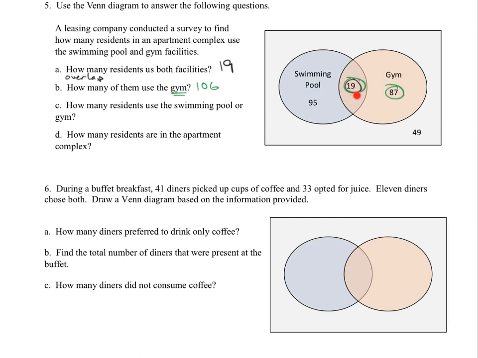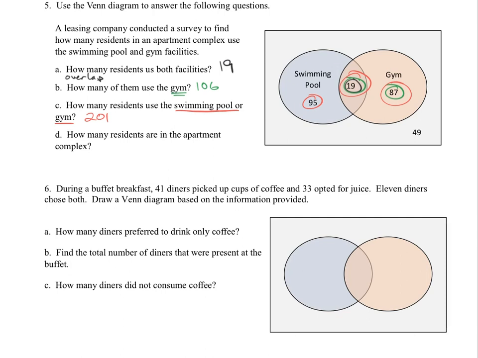This is an inclusive or. So we would add all of these together and get 201. Let me see. 1, 2, 3. 201 people use one or the other or both. That's what this is asking you. One or the other or both.